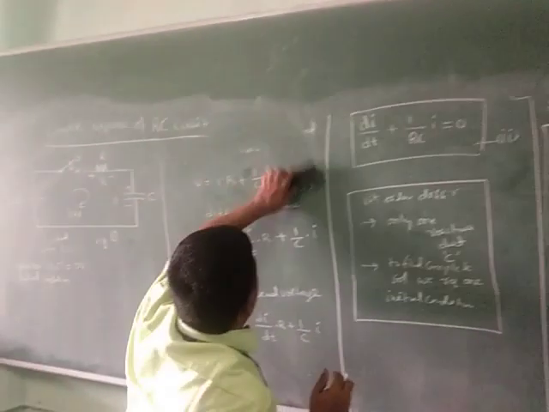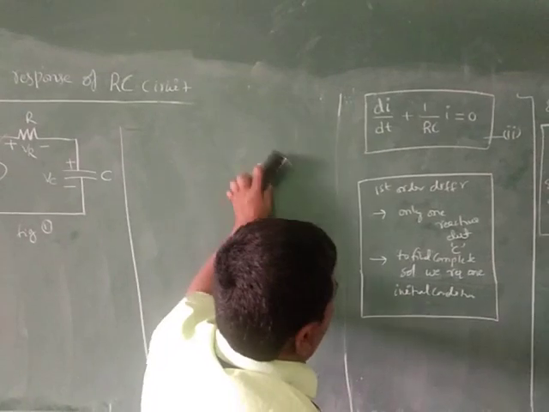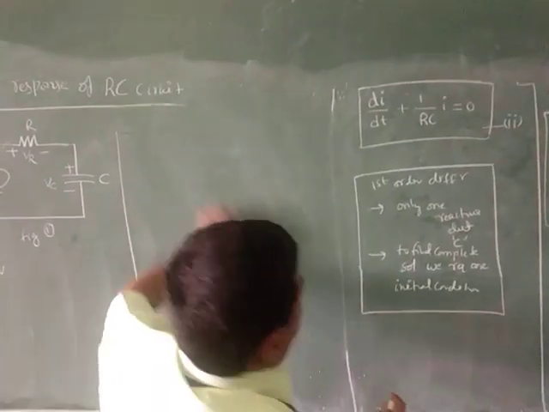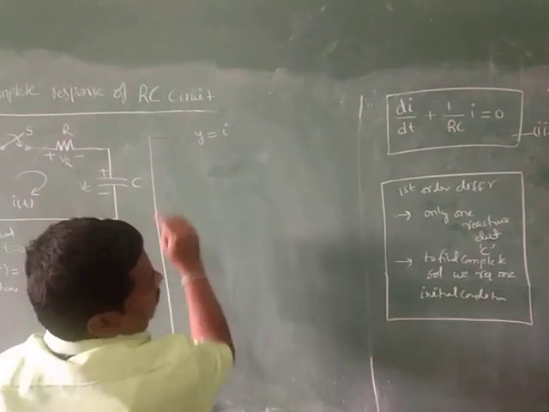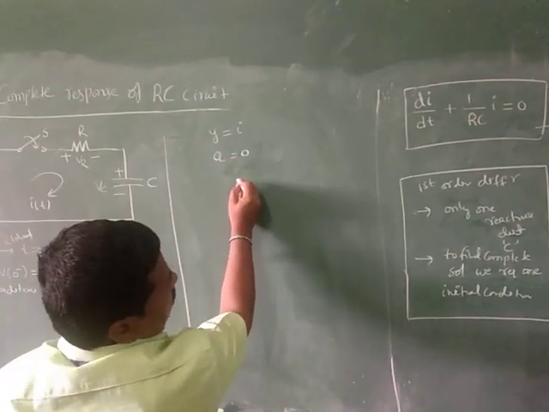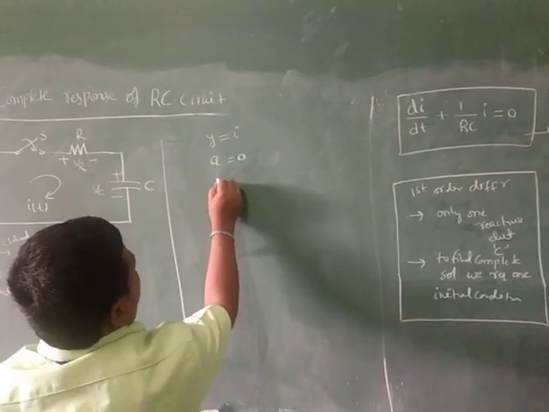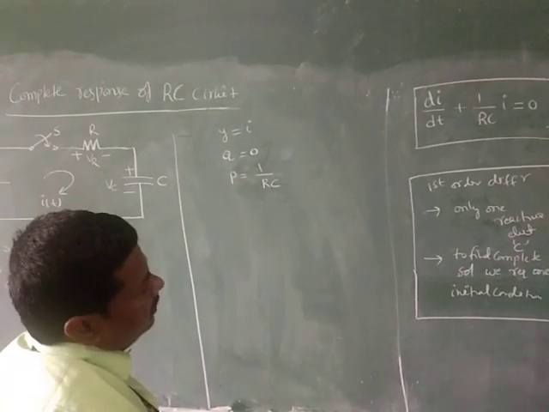Here y is equal to I, q is equal to 0, and p is equal to 1 by RC.